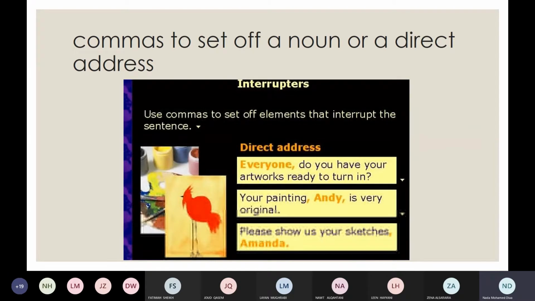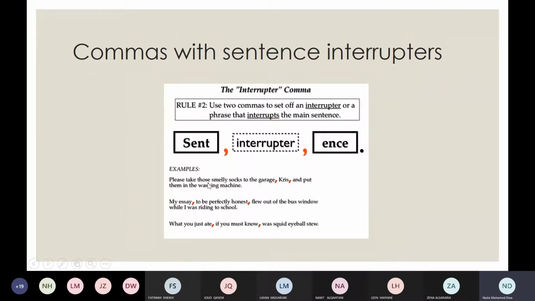But if there is "please show us your sketches and draw the rest," I will add a comma, Amanda, comma. Please show us your sketches, Amanda, and draw the rest. Here, please take those smelly socks to the garage, Chris. Chris is when I address someone, when I say directly his name.